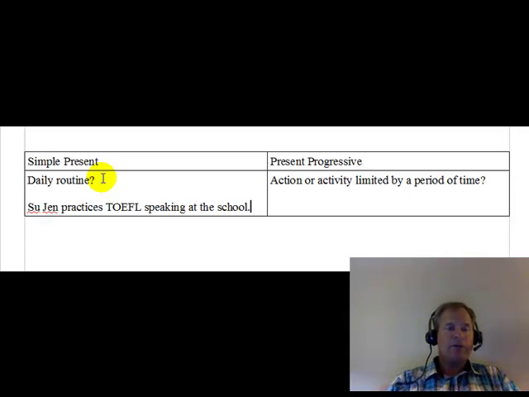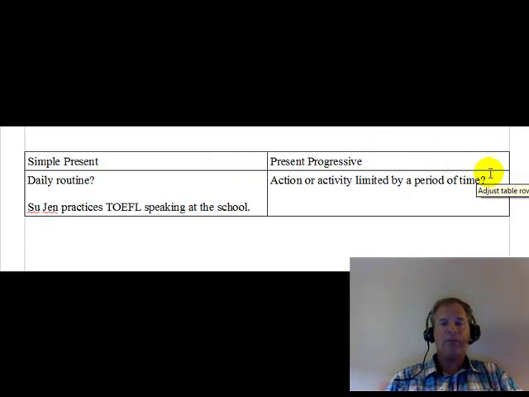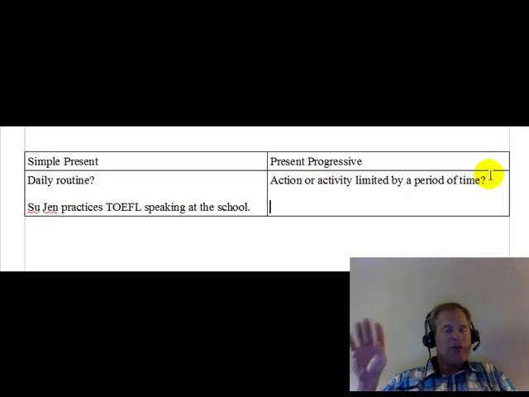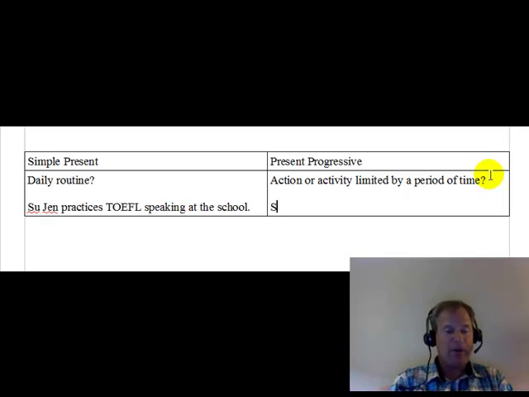In this case, it's just something that you're saying, it's kind of like a habit, it's occurring regularly. So in this case, Sue Jen practices TOEFL speaking at the school. Now, if you want to talk about an action or activity which is limited by a period of time, and that's a question you want to ask yourself, then the present progressive might be better.